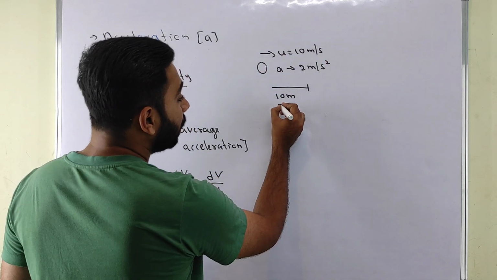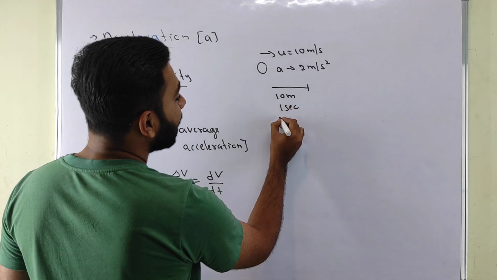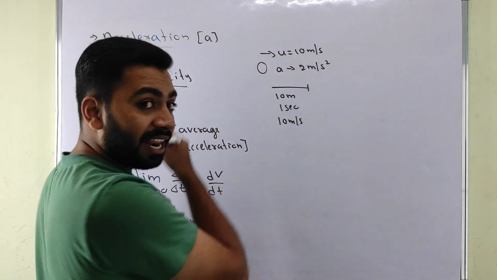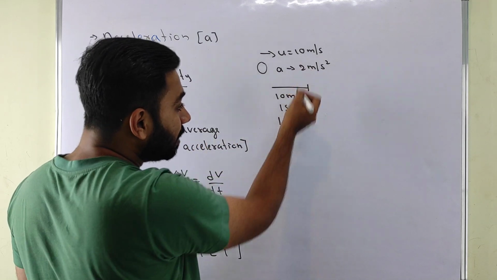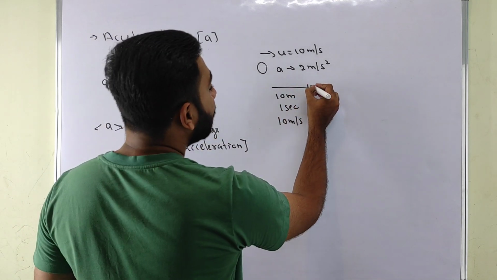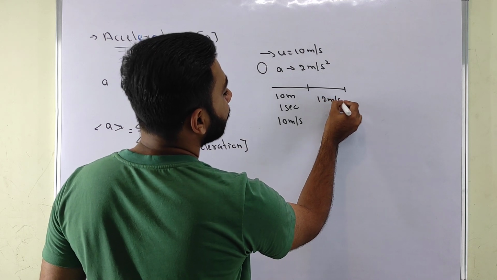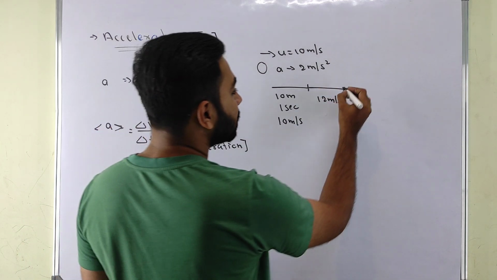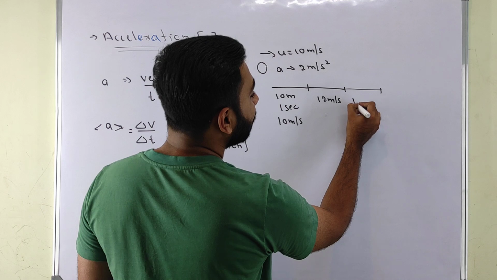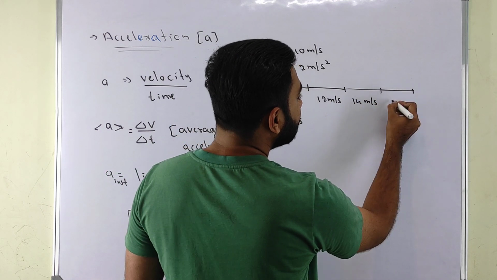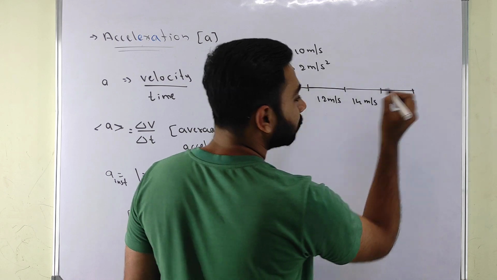Why? In the first second, it has velocity 10 meter per second. Now you are giving acceleration, and this acceleration will increase the speed. It will increase like this: 12 meter per second, velocity increases, speed increases. Then in the next second it will be 14 meter per second, then 16 meter per second.